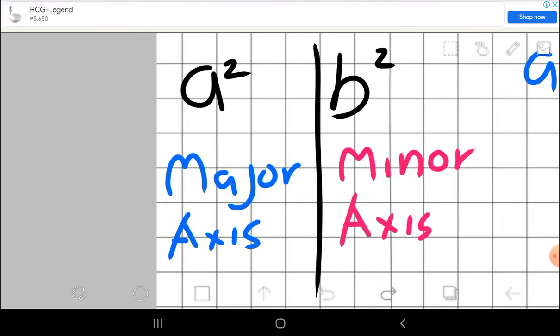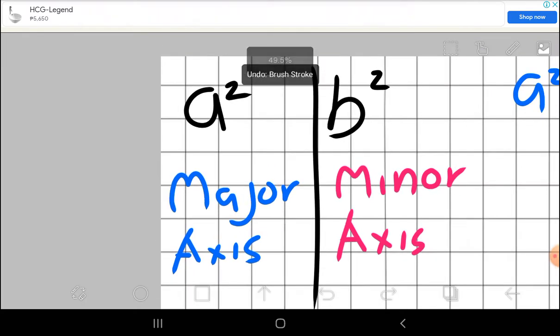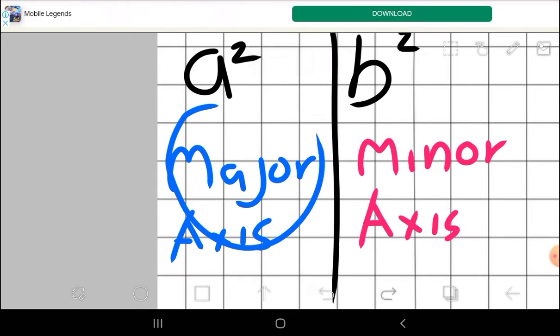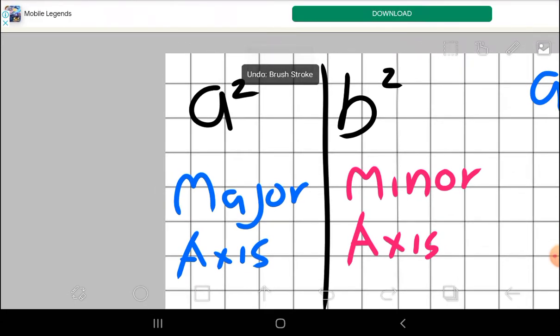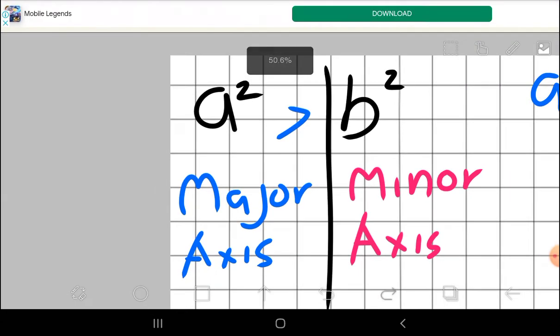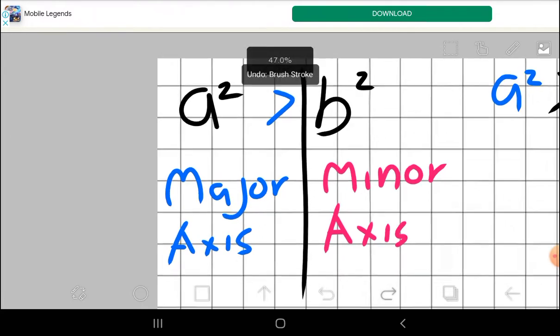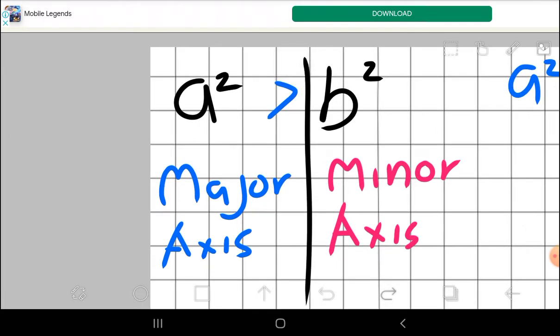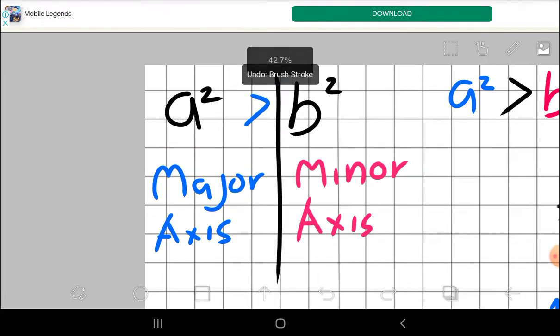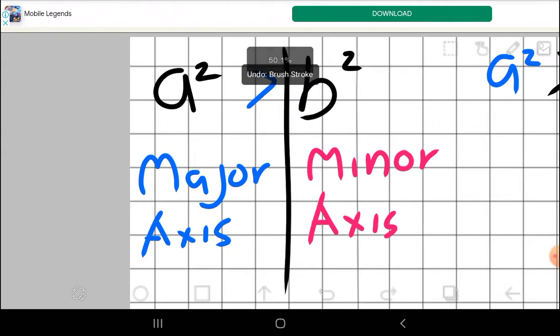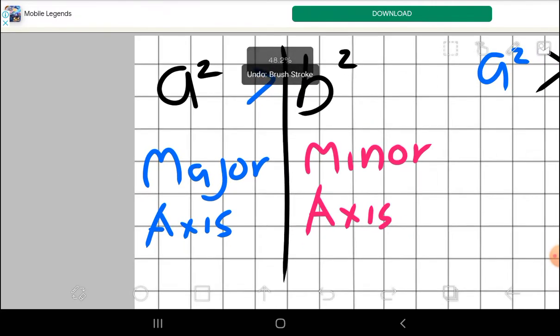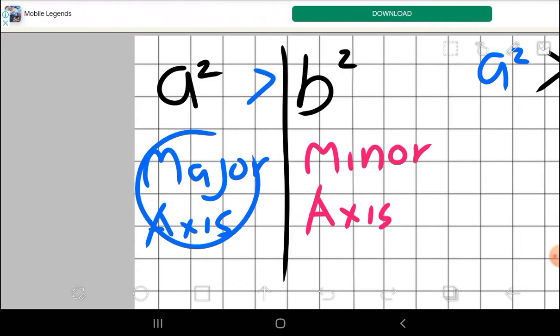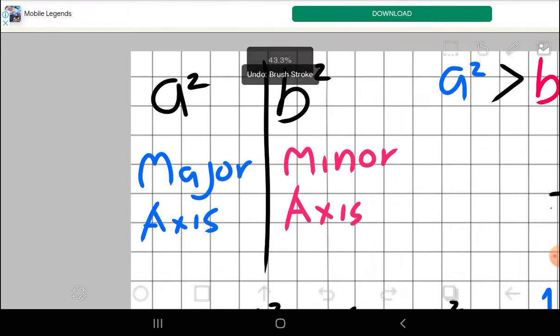So this is actually how we find a squared. So a squared is the major axis. So it means a squared is much higher than the b squared. So a squared is always higher than the b squared. So minor axis means less important. Major means important.